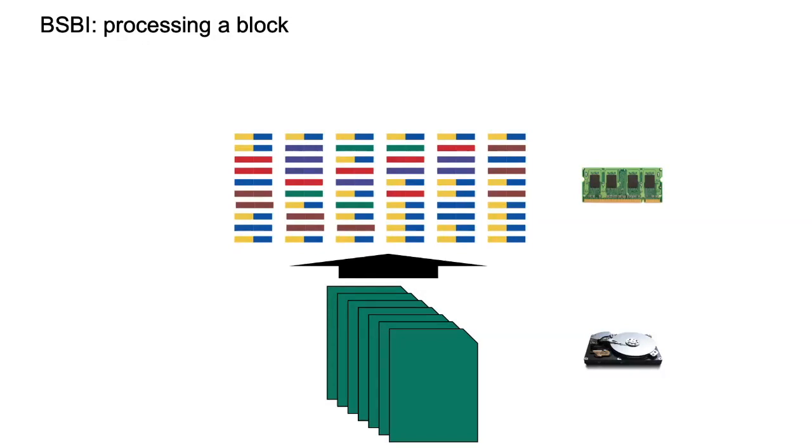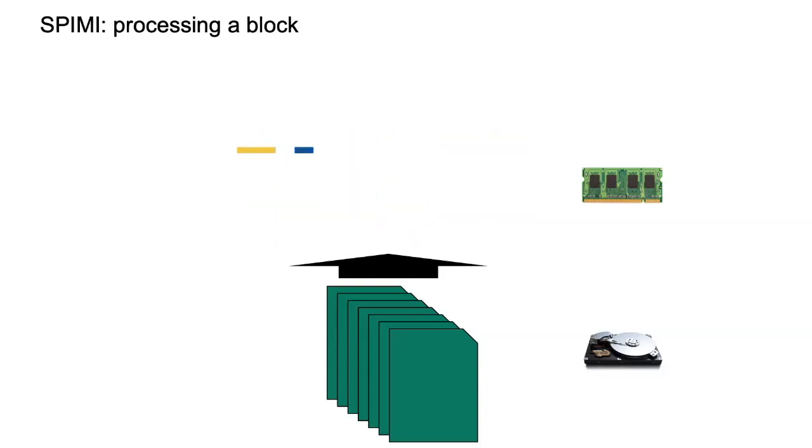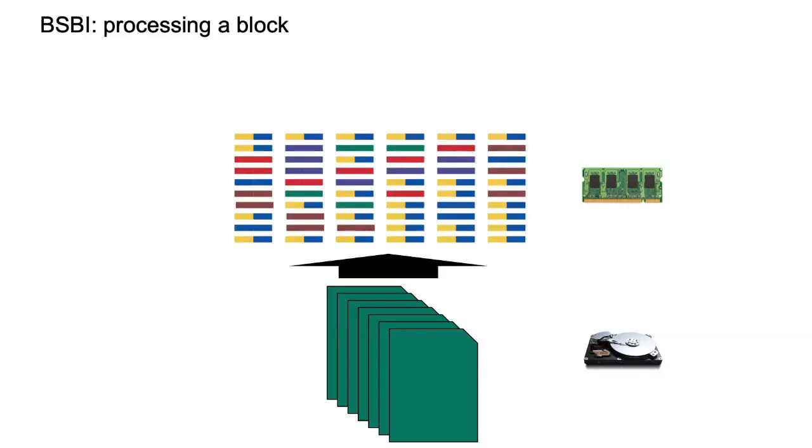In BSBI, the first one, we processed the batches in this way, just parsing each batch of documents to pairs that are in the wild. Well, the difference with SPIMI is that for every batch, we are directly building some sort of standard inverted index. So we do process, of course, the pairs in the process of doing that.